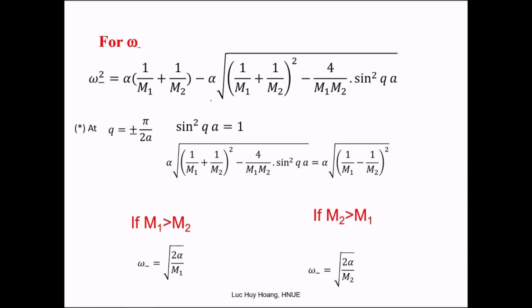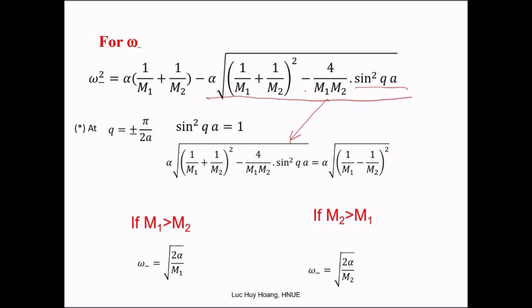See, this component of the equation will become this component, right? Here, this becomes 1, and we expand this square, and because it's plus 2 over m1 m2 and minus 4, it becomes the square of 1 over m1 minus 1 over m2, right?